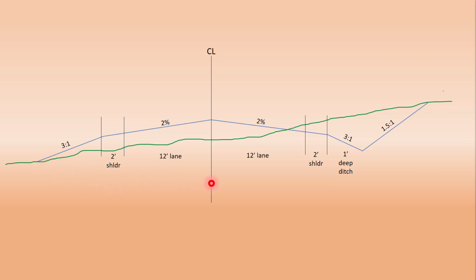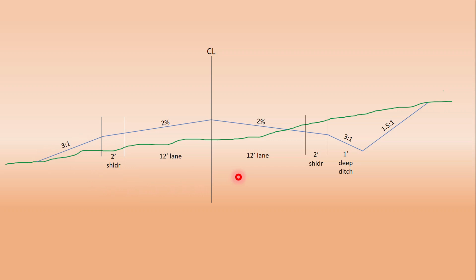If your cross section has both a fill side, which is what we have on the left, and a cut side, which is what we have on the right, you're going to have slightly different geometry left and right, because a fill side does not need a ditch. You can just go straight from your driving surface and shoulder down to your catch slope. But on a cut side, we do need a ditch.